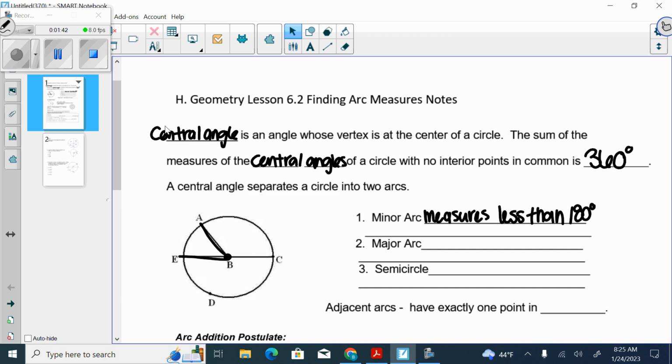A minor arc, one that measures less than 180 degrees, is going to be represented by endpoints. For a minor arc, you will use 2 letters.